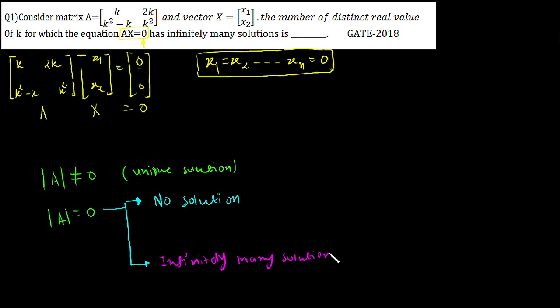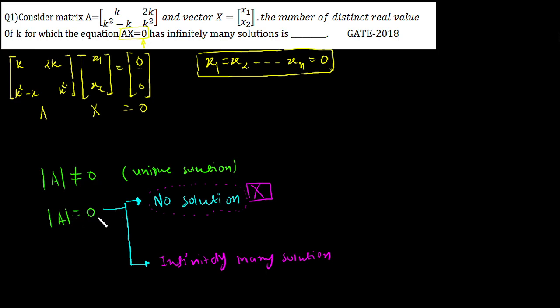Now here it is given that the system is homogeneous. So the no solution possibility is not there for a homogeneous system of equations because the system is always consistent. So this possibility is cancelled out.